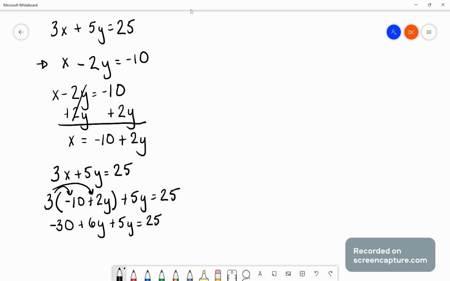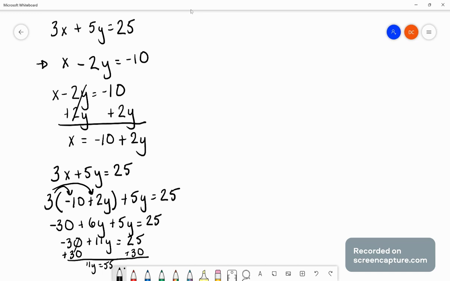So we have -30, and again, we combine like terms. 6y plus 5y we can combine. 6y plus 5y is 11y equals 25. Okay, add 30 on both sides. And we get that 11y equals 55.